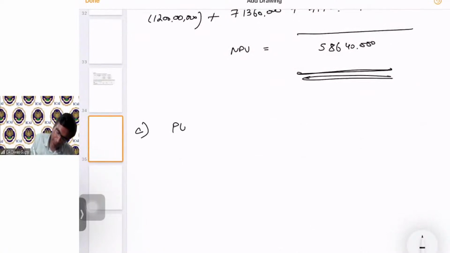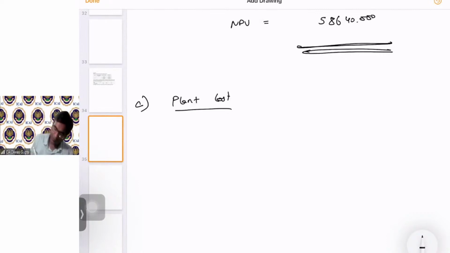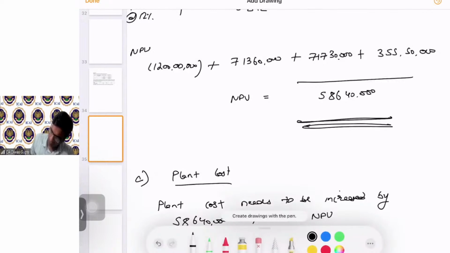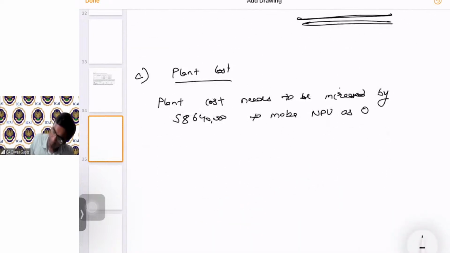So let's first of all take plant cost. Simply, your plant cost needs to be increased by 5 crore 86 lakh 40,000 to make NPV 0, correct? Because plant cost is in year zero, and year zero has one present value factor.